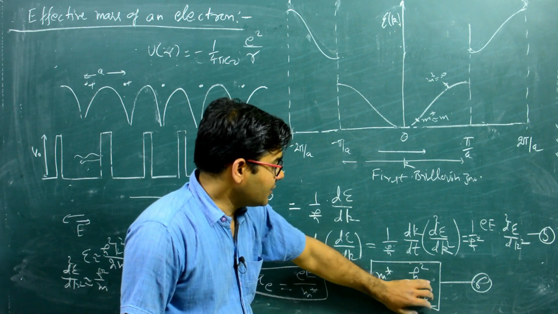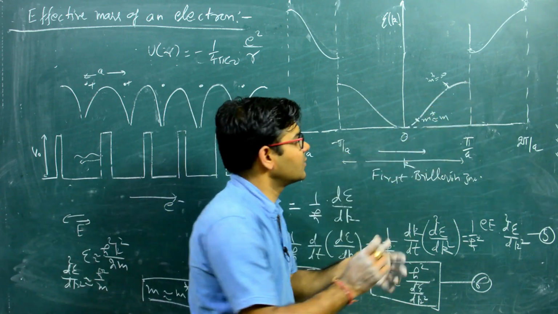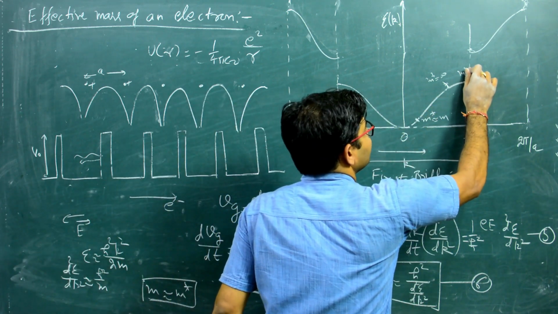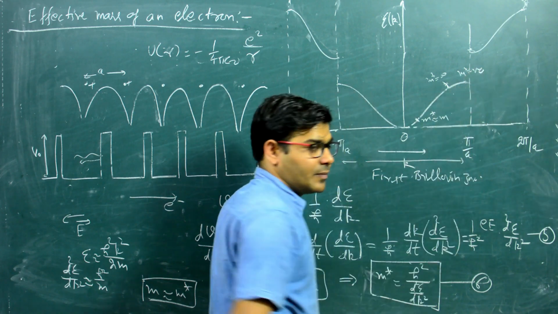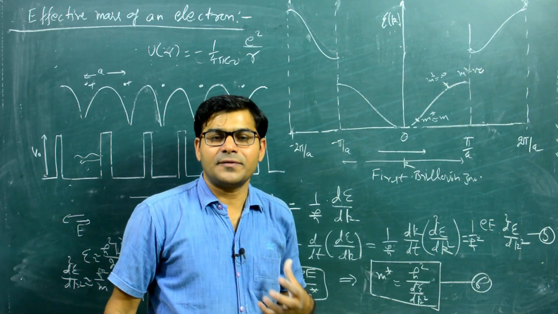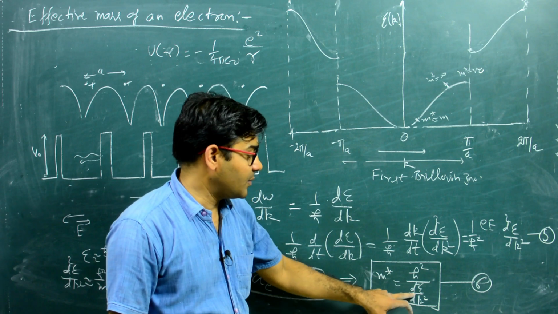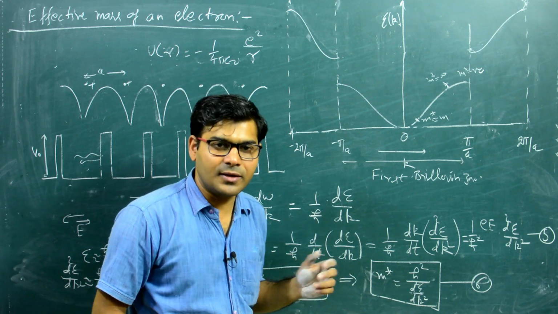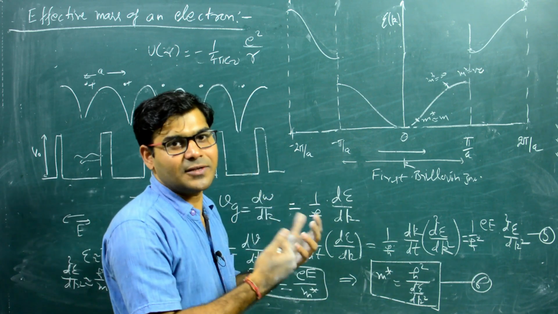So the effective mass becomes negative here; m star is negative. Mathematically it is clear, because this is negative, so m star is negative. But how can we understand it physically?